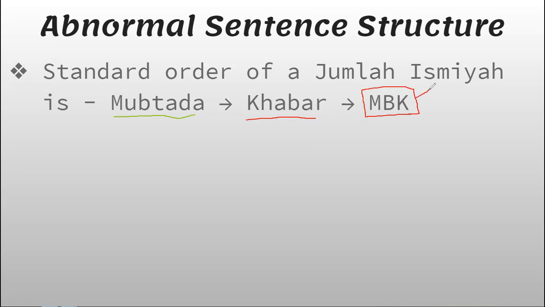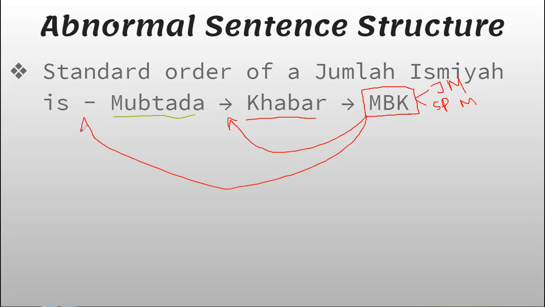Or we say muta'alliq bil khabar is what? Jar majroor fragment and also special mudaf fragment, right? So special mudaf fragment and jar majroor fragment are considered muta'alliq bil khabar. This muta'alliq bil khabar has the power to come before the khabar, or even before the mubtada also.